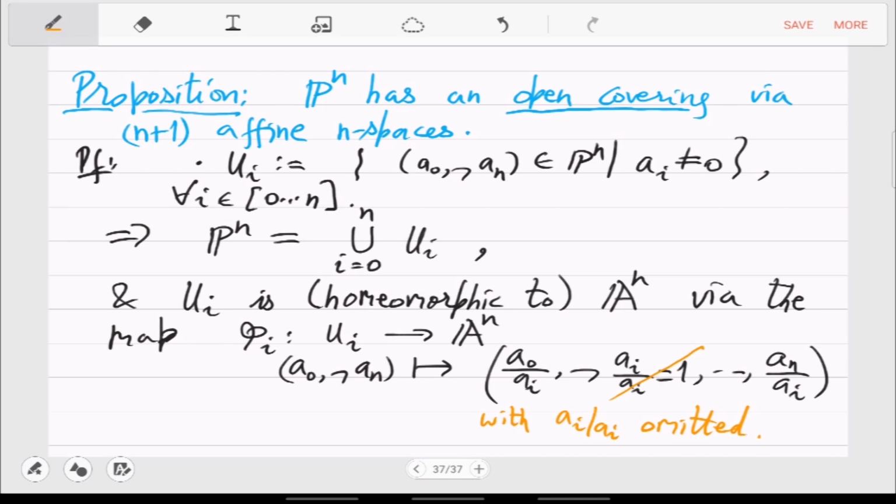This map is what is called homeomorphism, because you can prove that pre-image of open set is open. In fact, it is stronger than that. Open sets of Ui and open sets of A to the n, they are in one-to-one correspondence.